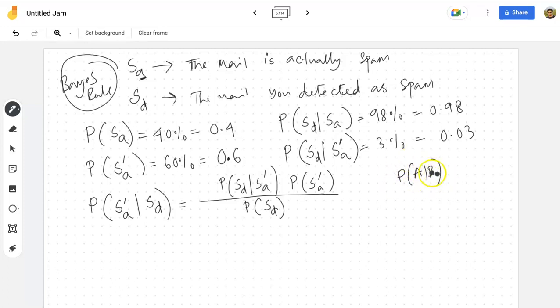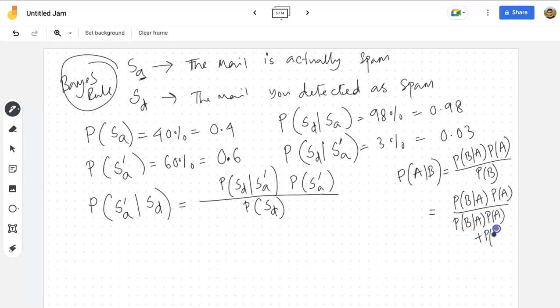The probability of A given B is the probability of B given A into the probability of A. And for the probability of B, it is the probability of B given A plus the probability of B given A prime, not A, and the probability of A. This is the total thing in the denominator.